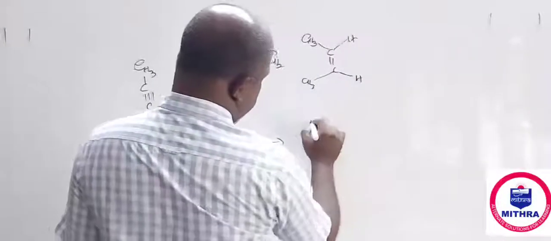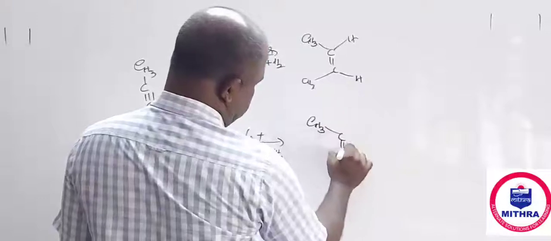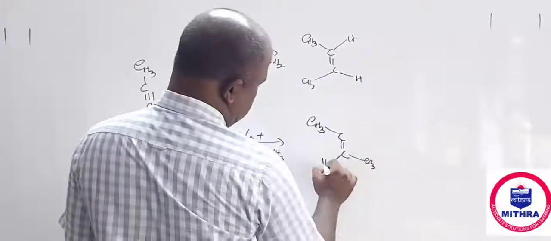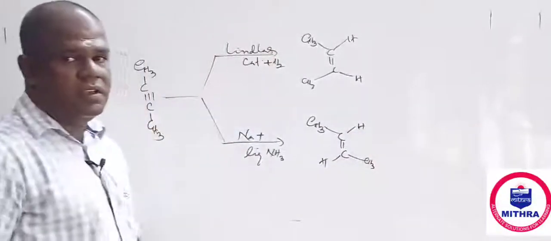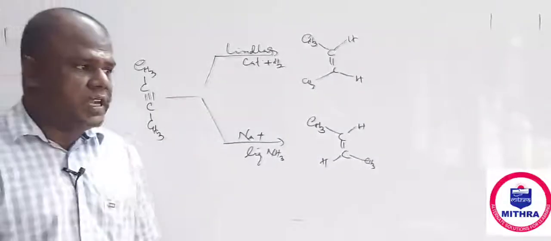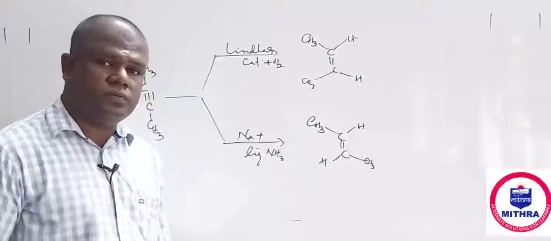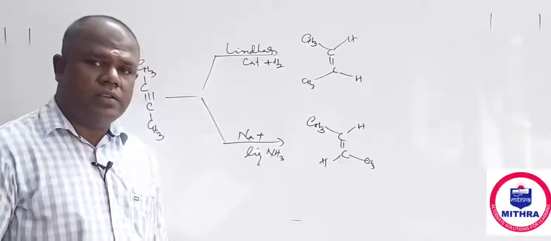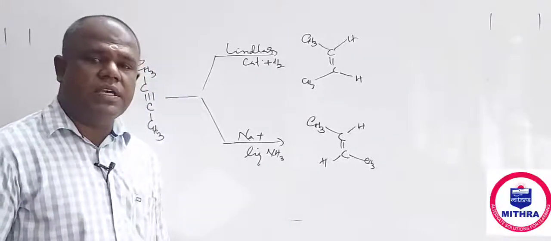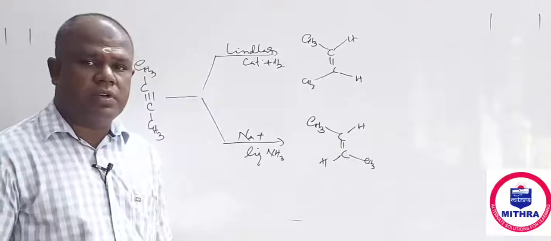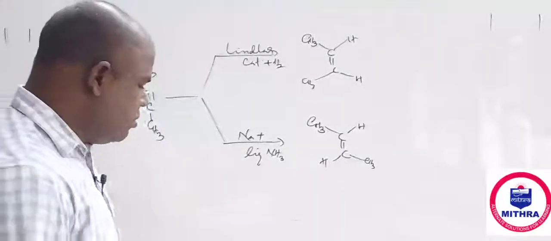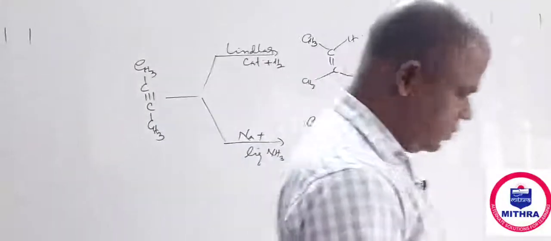This is the product here and this is the product here. See the difference? Lindlar catalyst promotes cis hydrogenation, whereas sodium plus liquid ammonia promotes trans hydrogenation. Remember that. Agree?